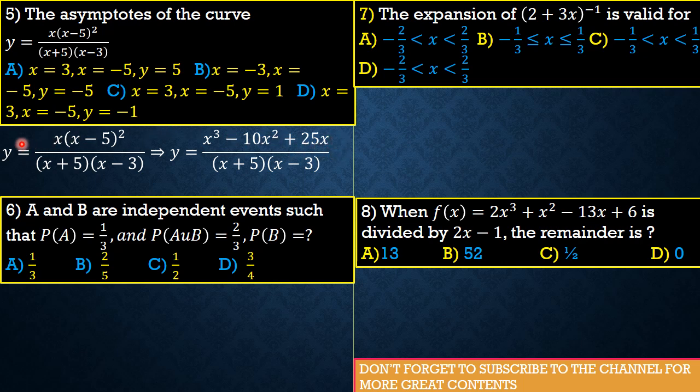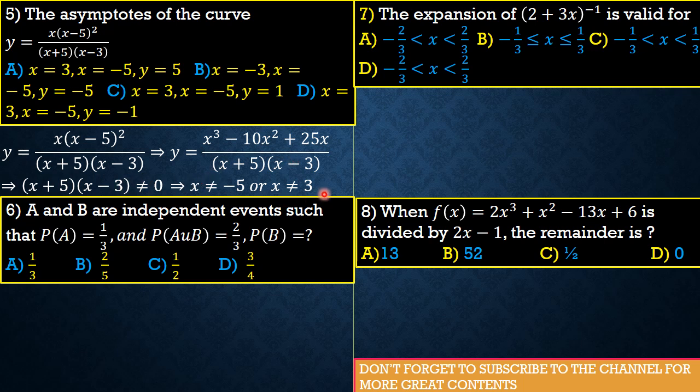Now, to get the vertical asymptotes, all we have to do is make sure that the denominator of this function is not 0. That implies our x should not be equal to -5 and x should not be equal to 3. So we can conclude that the line x equal to -5 and the line x equal to 3 are vertical asymptotes. Great.